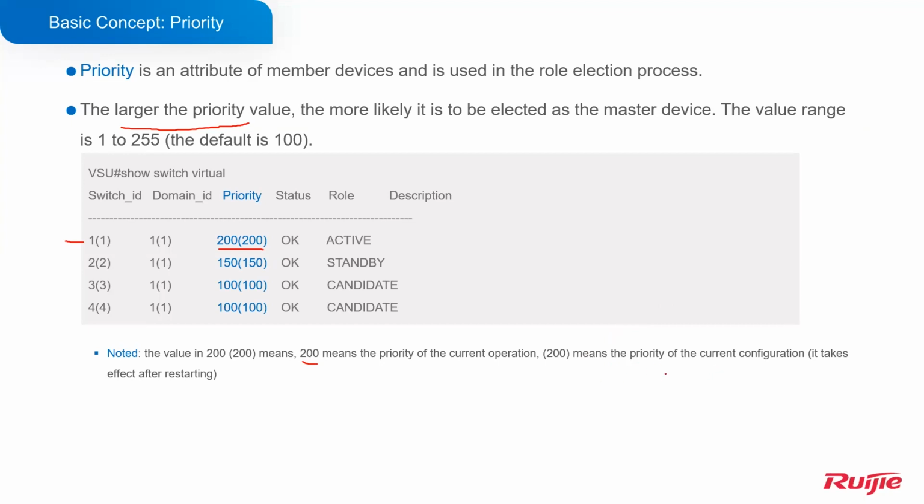For example, now we change the priority from 200 to 255. But finally, this value will become 250. And if you restart successfully, this value will become 250.